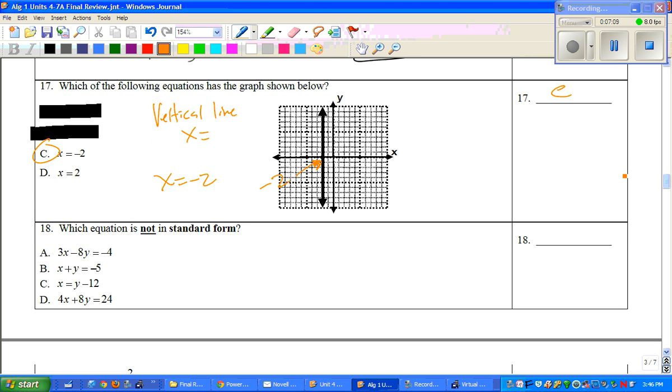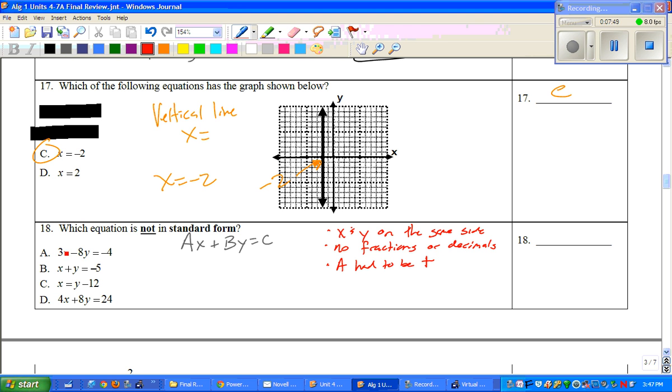18, which equation is not in standard form? So standard form was ax plus by equals c. That's where we had all of the different rules: x and y on the same side, no fractions or decimals was a rule, and the other one was that the a had to be positive.